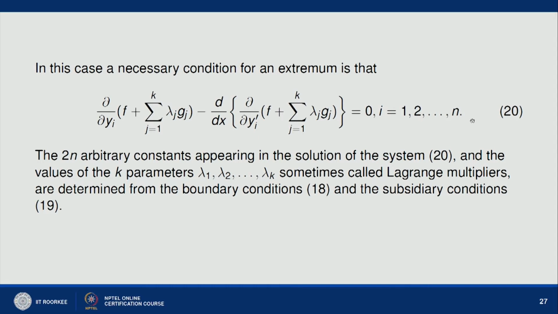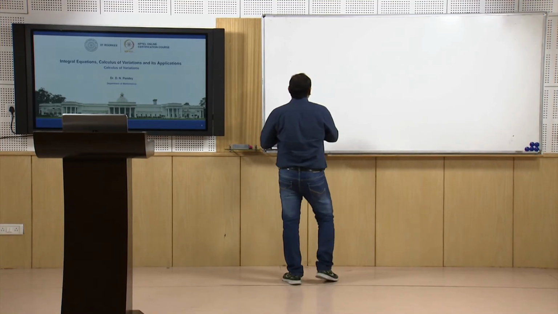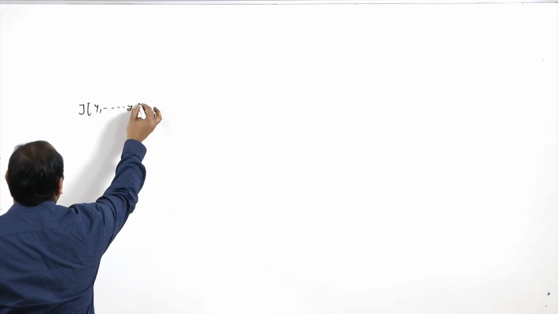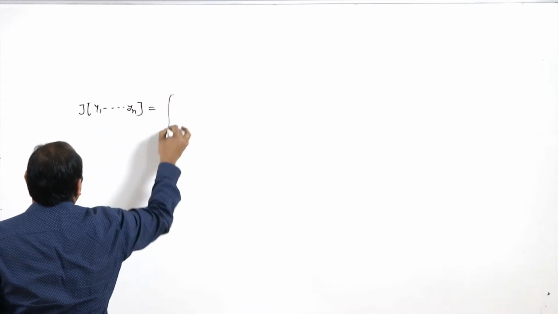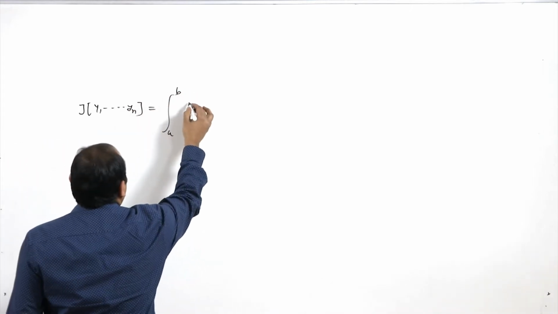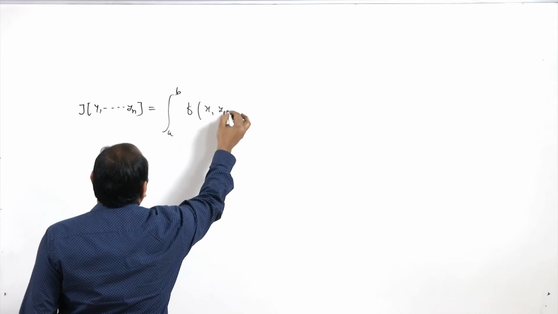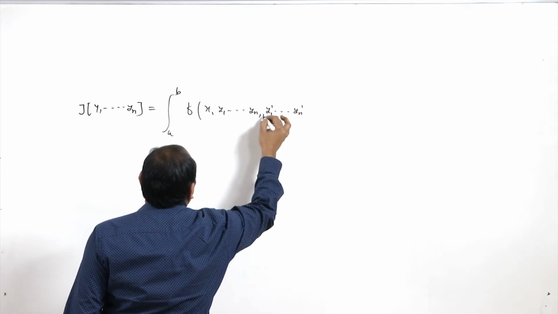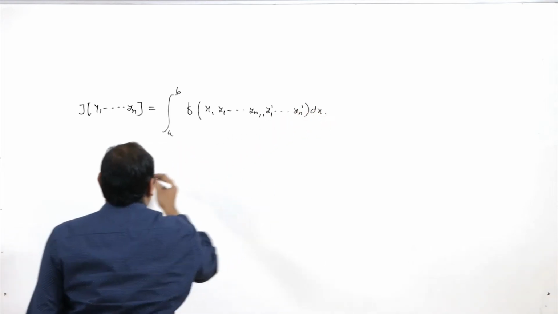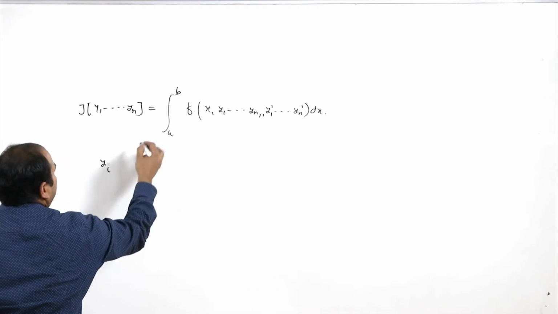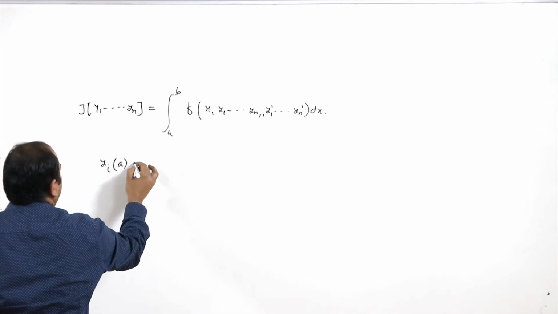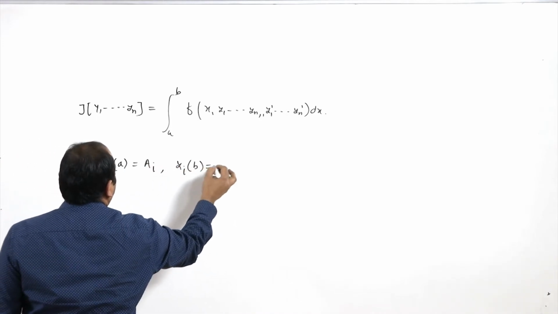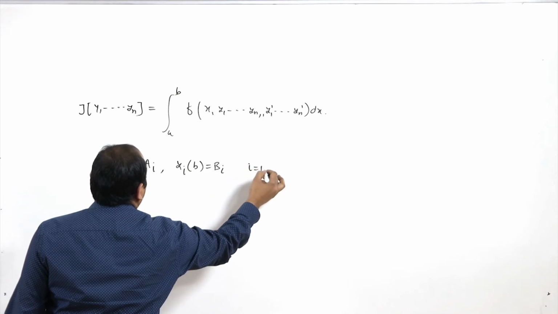Let me write the thing here. So, here we have a functional depending on these functions y1 to yn, given as the integral from a to b of f of x, y1 to yn and y1 dash to yn dash dx, and the condition on yi is that yi of a is equal to capital Ai and yi of b is equal to capital Bi, i equal to 1 to n.